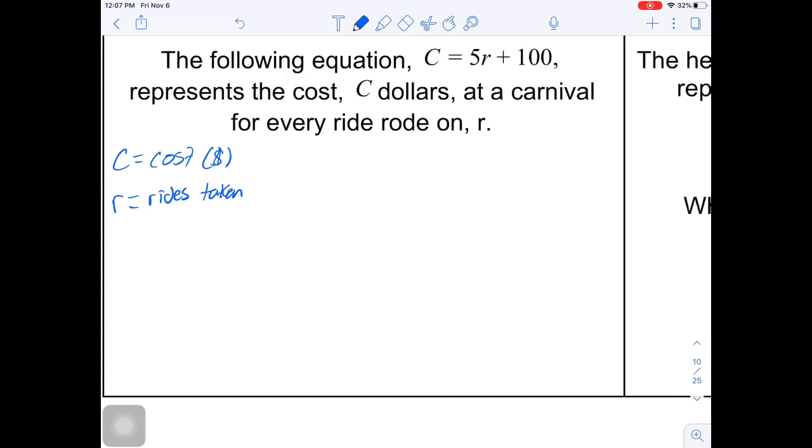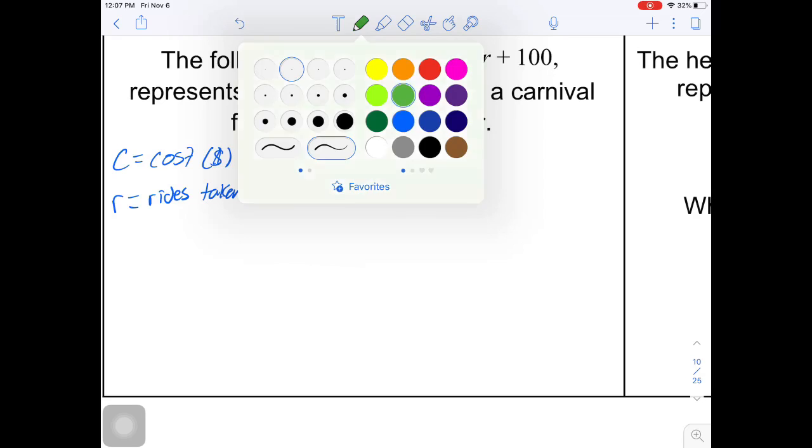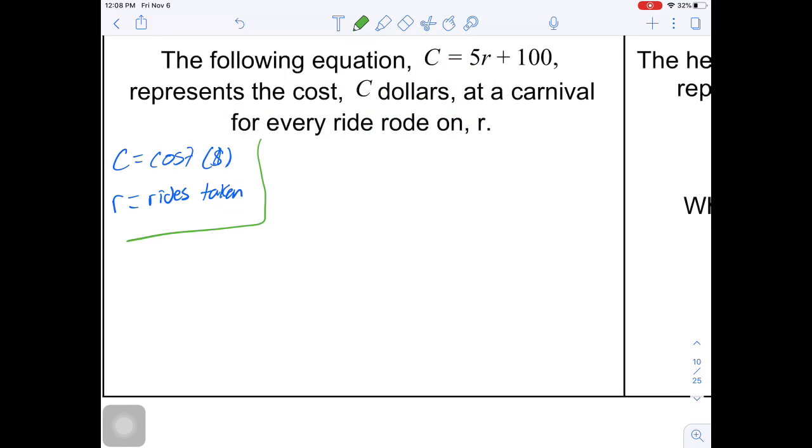Okay, and there's no real unit for that. Right now, we just have C equals 5R plus 100, but we can be more descriptive using mathematical language. Okay, we can say in function notation, C is a function of R, and that function is 5R plus 100.